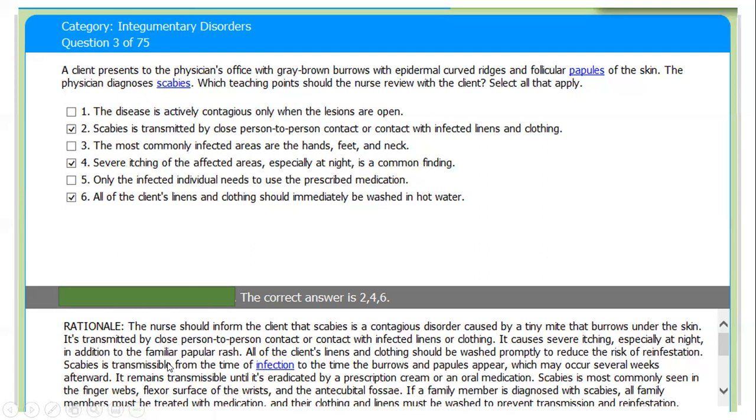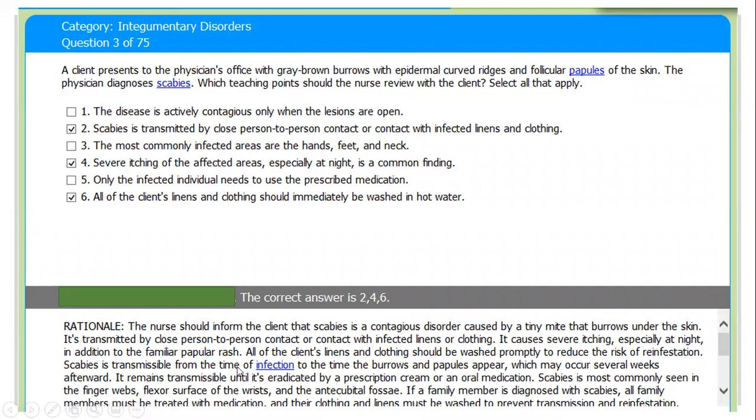In addition to the familiar papular rash, all of the client's linens and clothing should be washed promptly to reduce the risk of reinfestation.